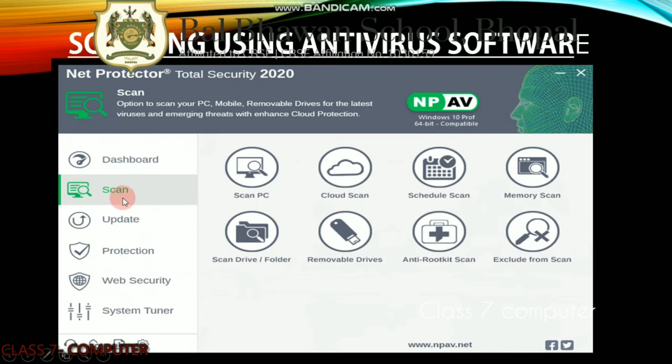Then you can see the scan option here. Scan means it is going to check all your files and folders, all your hard disk drives available in your system, and keep on checking each and everything. In case it finds any virus, it will simply repair that virus, or it can remove that virus from your system. So this way the antivirus software helps the system in scanning.